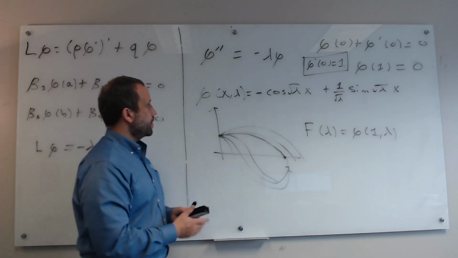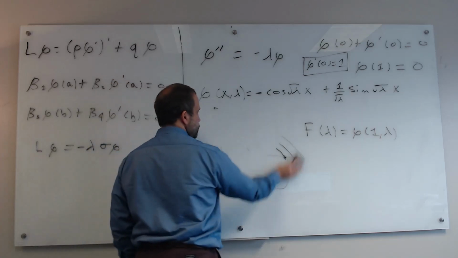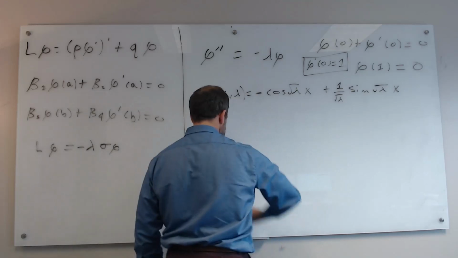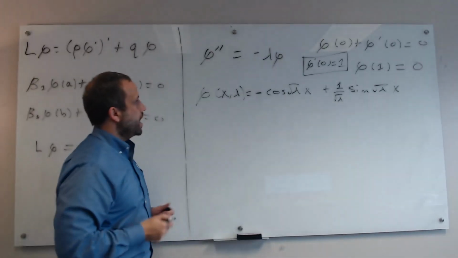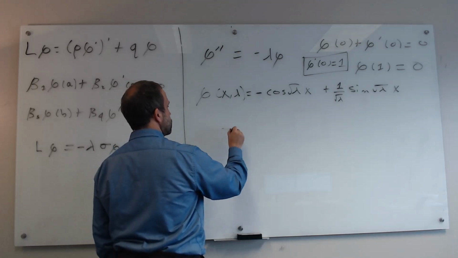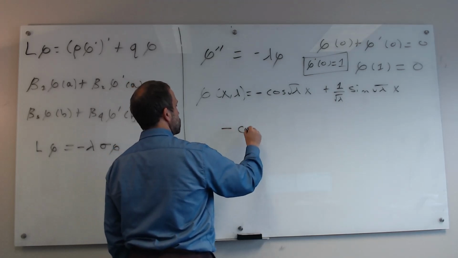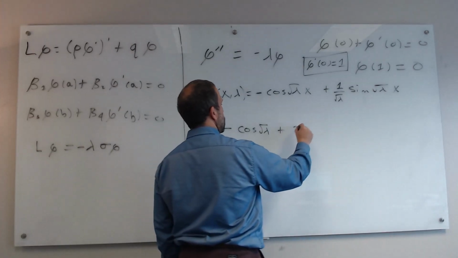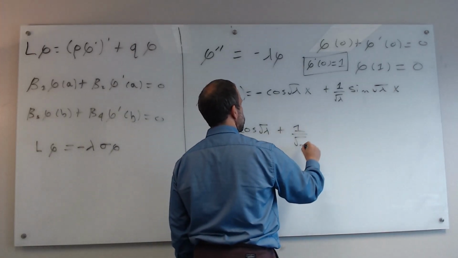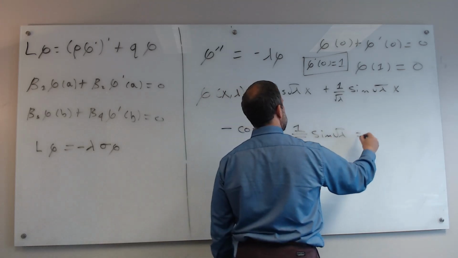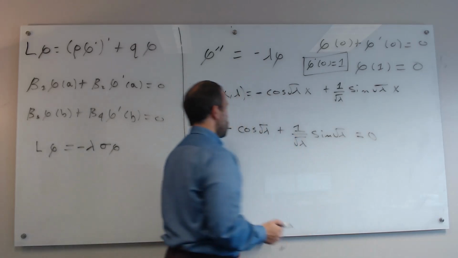The other thing that I want to mention is very similar to this. I'm going to show you both ways, so you're going to want to write this down. If we plug in 1 and set it equal to 0, we're going to get minus cosine square root of lambda plus 1 over the square root of lambda sine square root of lambda is equal to 0.